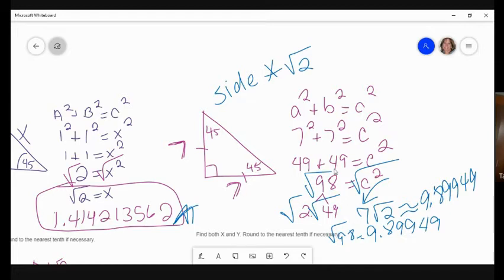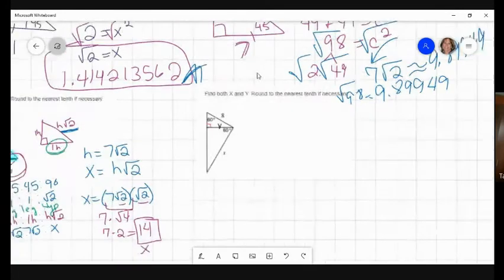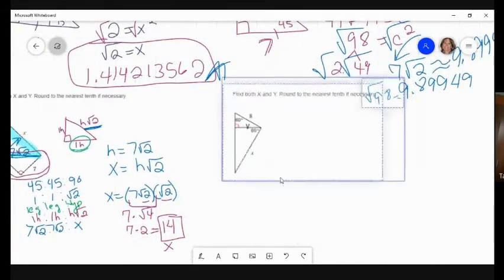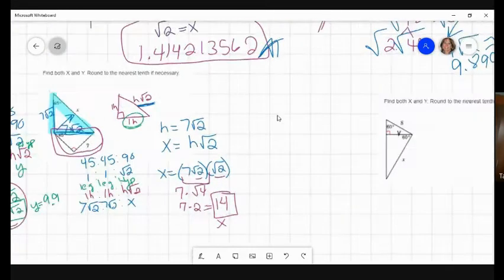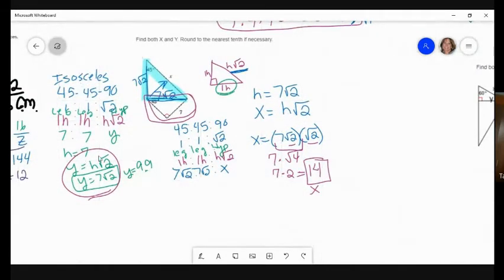And as you can see, if you are not real familiar with breaking down and simplifying radicals, seeing that 7 square root 2 would have probably been a little bit difficult. But what we've done here is just gone through the long way of solving for this triangle.